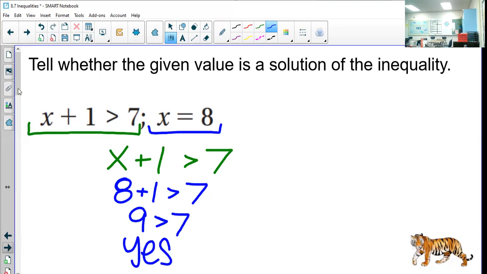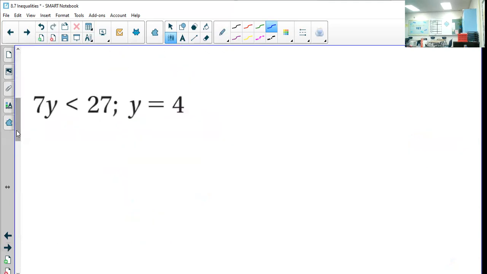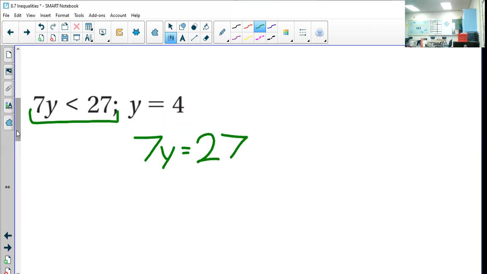Let's take a look at some more. Here we've got 7y is less than 27. I'm going to rewrite the inequality, which is this part right here. 7y equals 27. Oh, not equals. See, that's what I said. This is going to be the thing to pay attention to. It is less than 27.